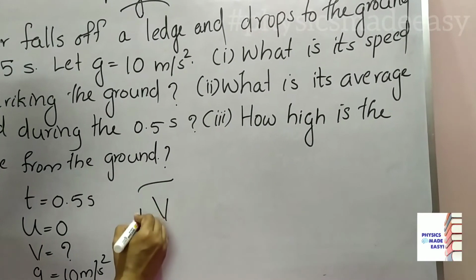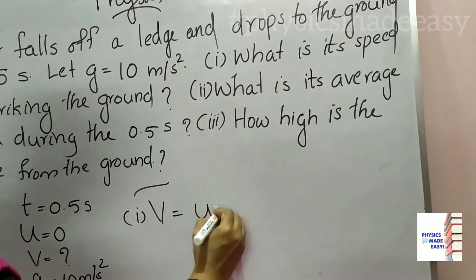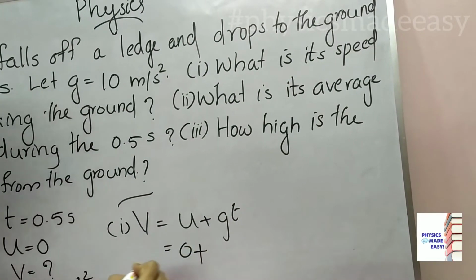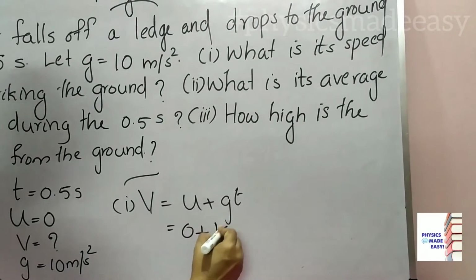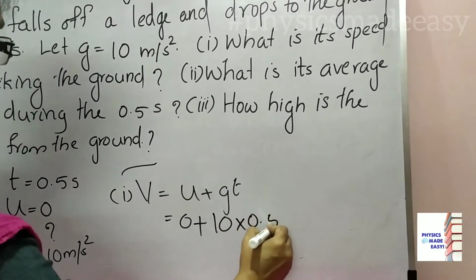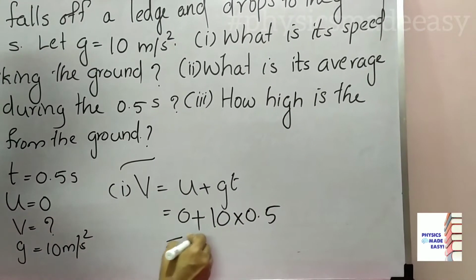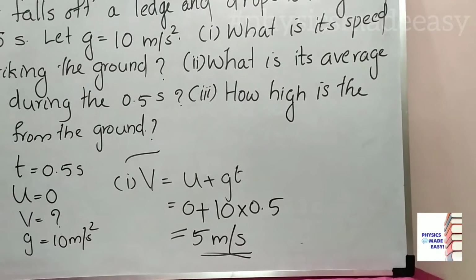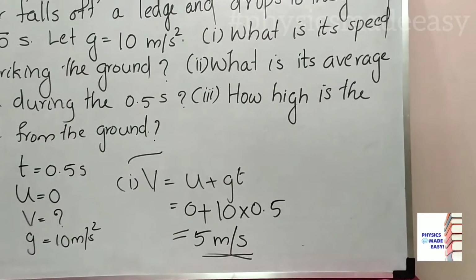So V is equal to U plus GT is equal to 0 plus 10 into 0.5 is equal to 5 meter per second. That is the speed on striking the ground.